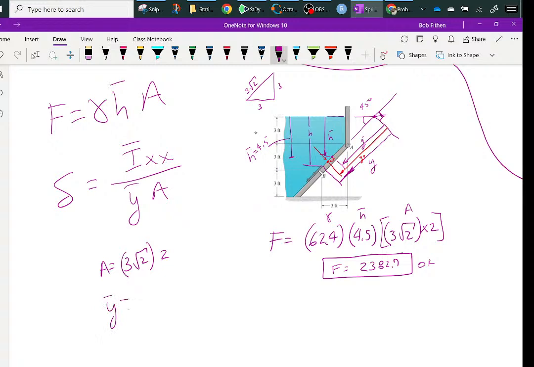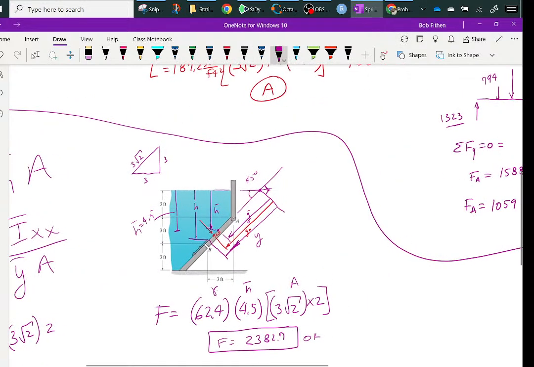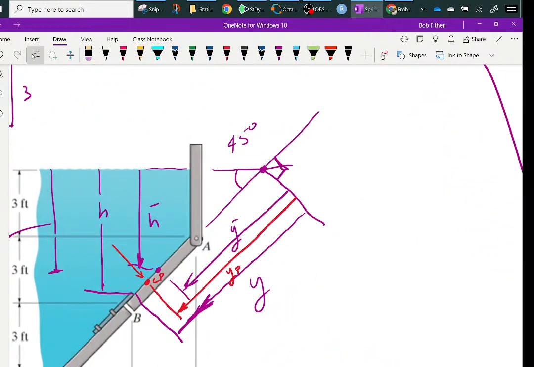Now, what is y bar? Now this you got to take a real close look at. If this is 4.5, and you've got a triangle that's 45, so got that line, got that line, got that one.